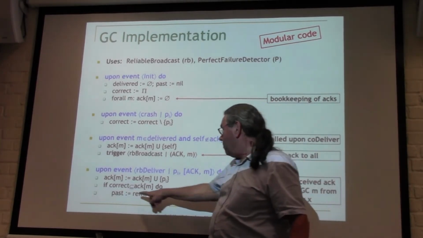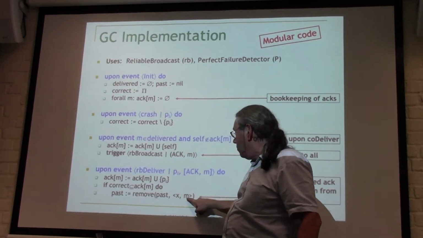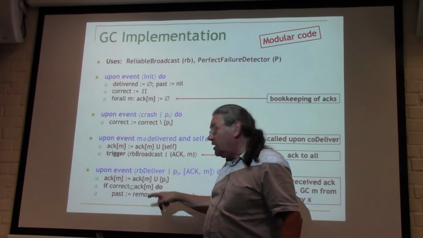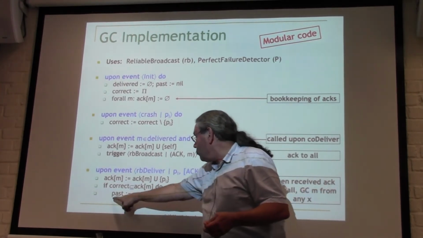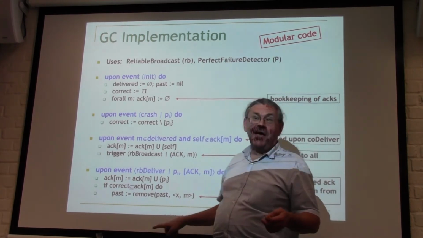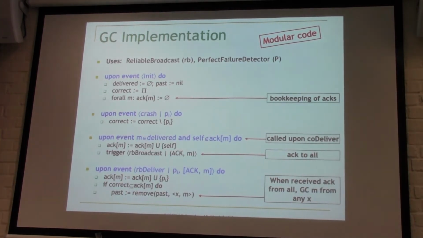Exactly. When you remove M from the past, I don't need ACK M anymore. It served its purpose, so I can also remove that piece of ACK M. Okay? So actually there's no problem there. I can garbage collect the ACKs easily.